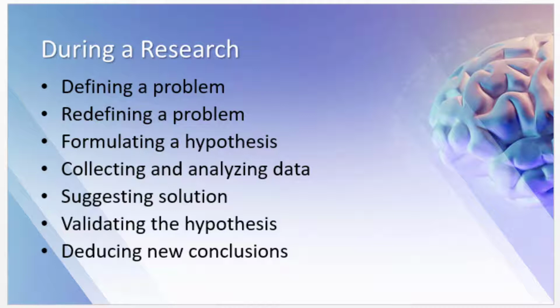So, defining a problem is a crucial and critical task for a research. This is the very first step in a research. A researcher should know what the problem is, and he or she should define the problem clearly and carefully.